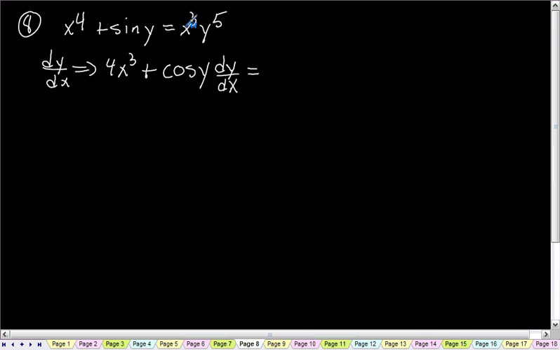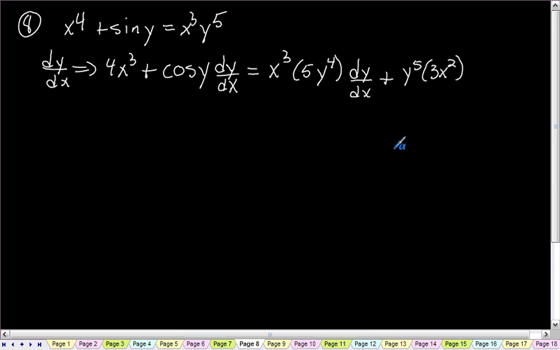This is two functions multiplied together, so it's going to be first times the derivative of the second: bring down the 5y to the fourth, and then the derivative of y, which is dy/dx, plus the second, y to the fifth, times the derivative of the first. The derivative of the first is 3x squared, and the derivative of x is just 1. So that stays like that.